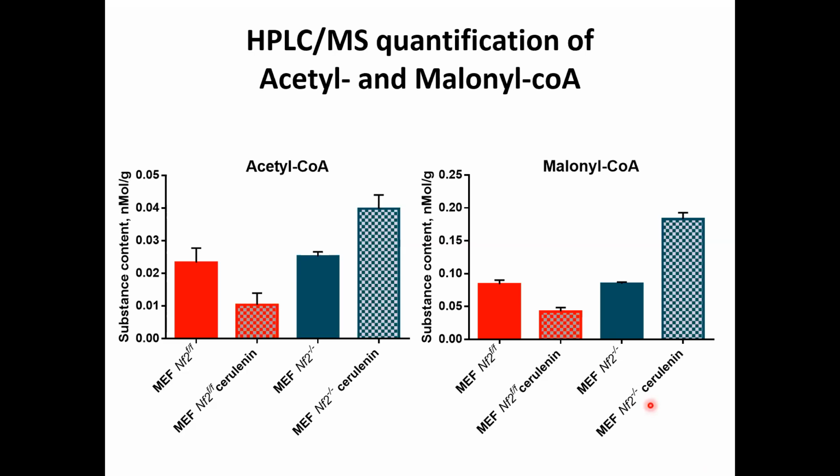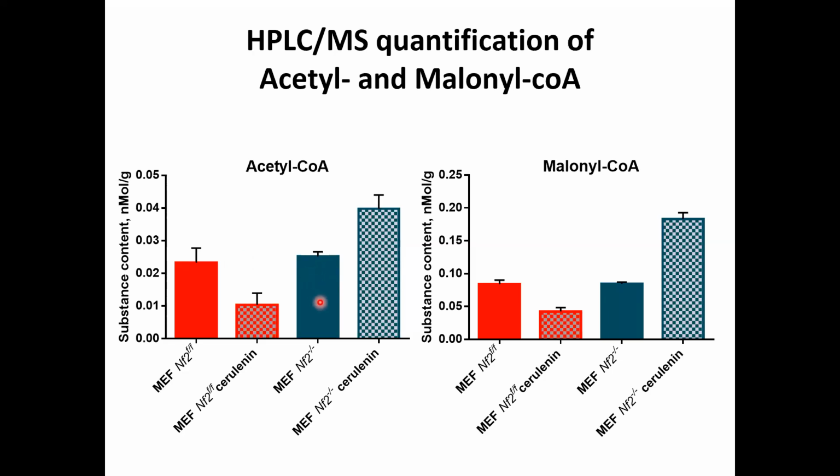So you can see that for acetyl-CoA, the level of acetyl-CoA in NF2 deficient and in control cells is nearly the same, maybe slightly higher in NF2 deficient cells.